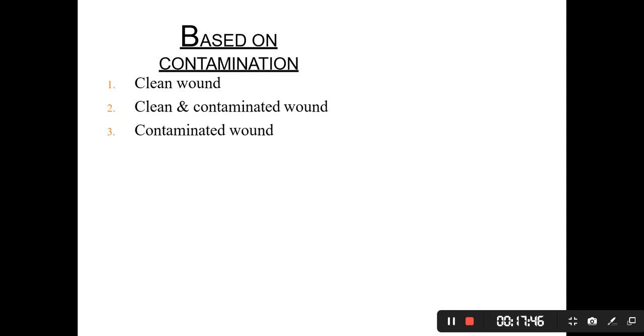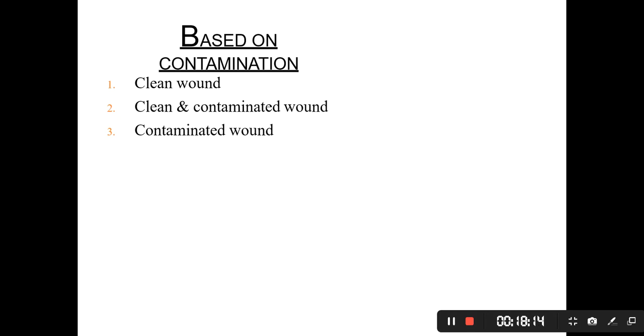A clean and contaminated wound would be when you are cutting your vegetables and the knife hits you. You were cutting the fruits and vegetables, so the knife is contaminated, and that knife has hit your skin. So the injury that it will cause is clean and contaminated. The cut is clean, but it is contaminated because the knife was contaminated.